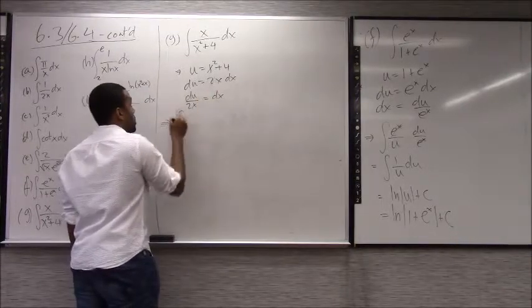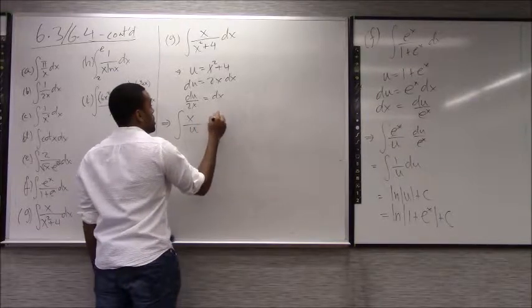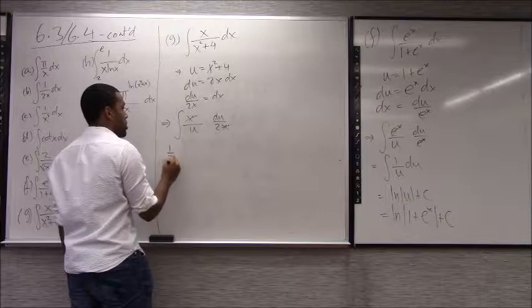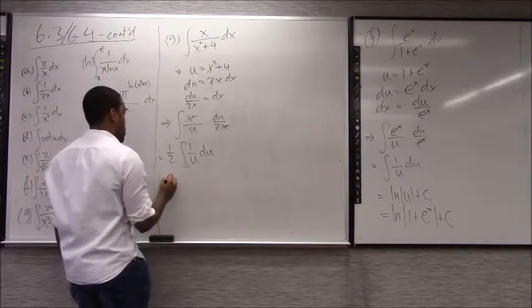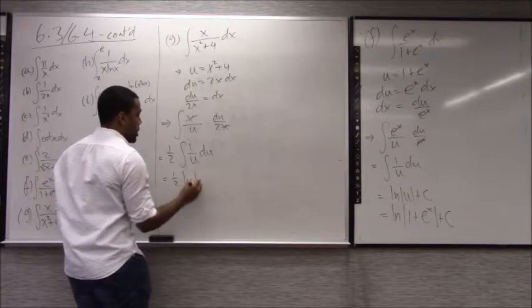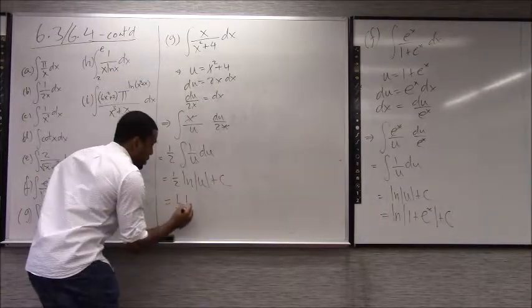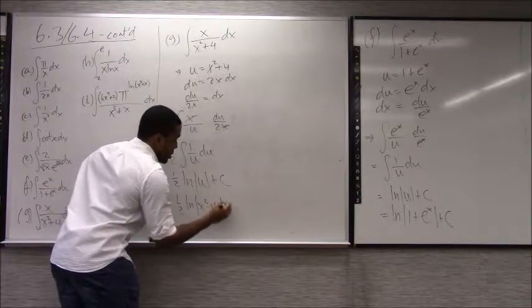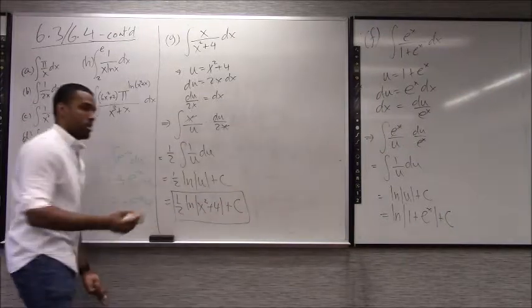You go here, have x over u times dx, which is du over 2x. The x's can cancel. You can take that factor of 1/2 out. That becomes ln. And then it's 1/2 ln of x squared plus 4. Technically absolute values aren't necessary, but leave them. It's not wrong to have them.